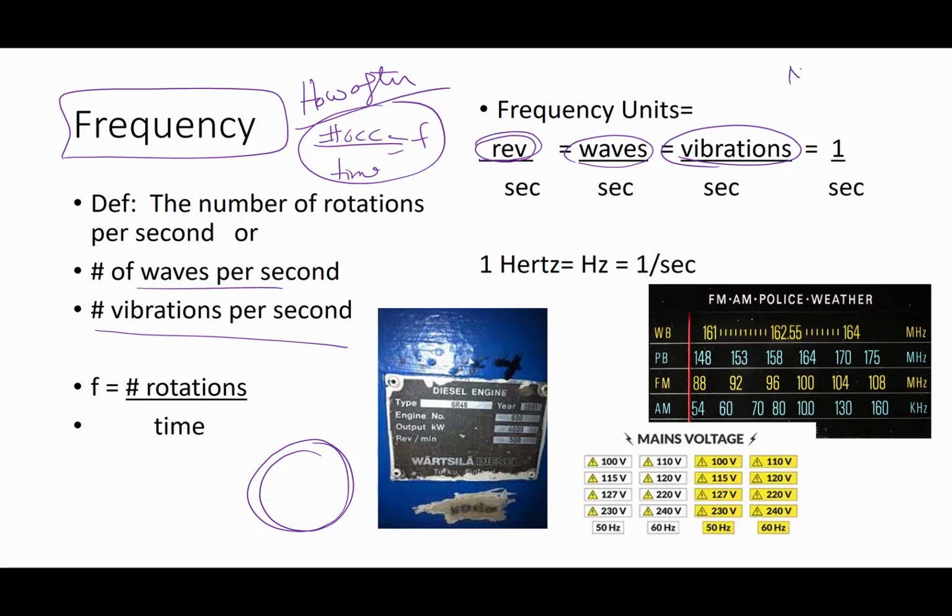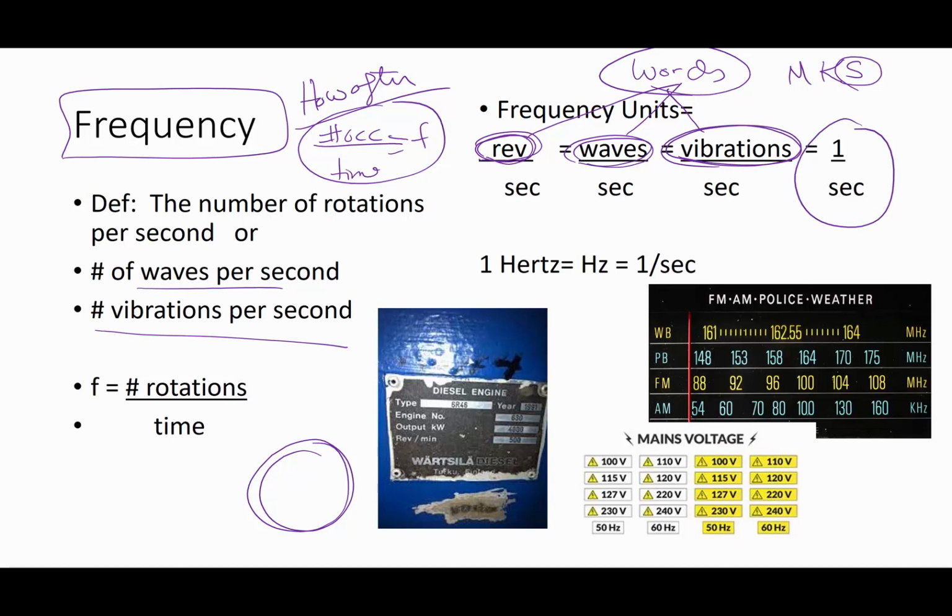Now, in the MKS system in physics, we tend to stick to time in seconds. So revolutions per second, waves per second, vibrations per second. Here's the challenge. Revolutions, waves, and vibrations are not actual units. These things are just descriptive words. And the reason we put those words there is, one, human beings don't like saying per second.